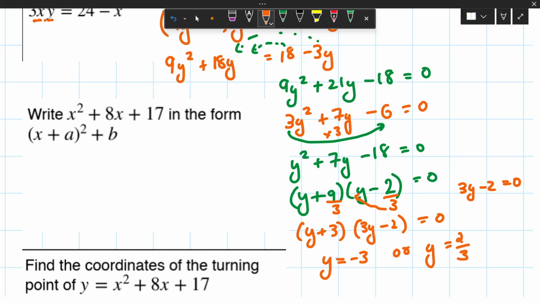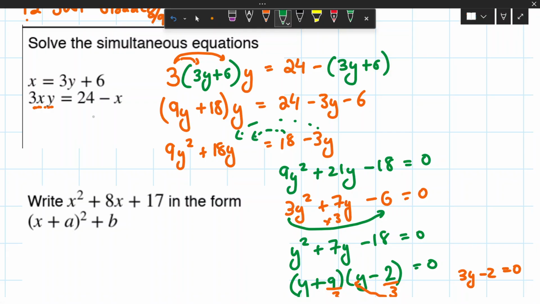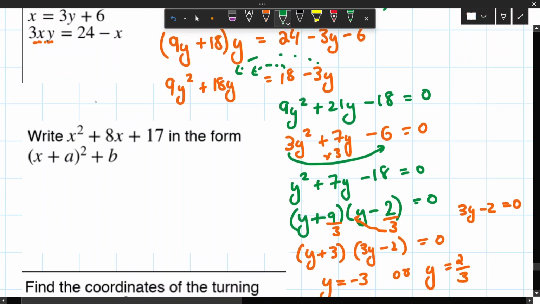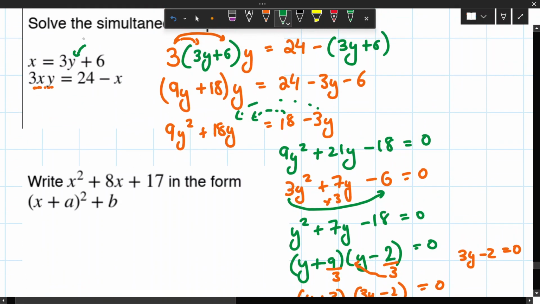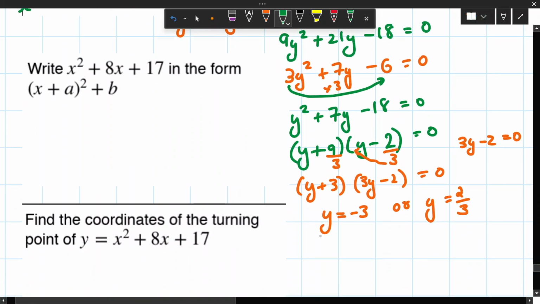So I've got the two values for y, which means I could go back and plug in those values to figure out what are the values for x. So the first value was minus 3. If I plug in minus 3, we get x is equal to 3 times minus 3, that would be minus 9 plus 6, which should give us minus 3. So for y is equal to minus 3, x is equal to minus 3.